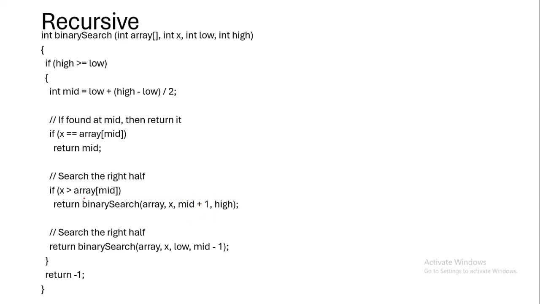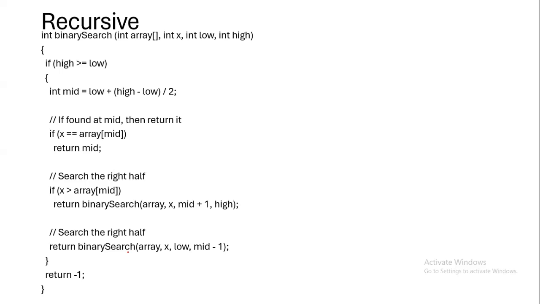We recursively call the binary search with the parameters array, element to be searched, and the lower bound now becoming mid plus 1, while the upper bound remains as it is.